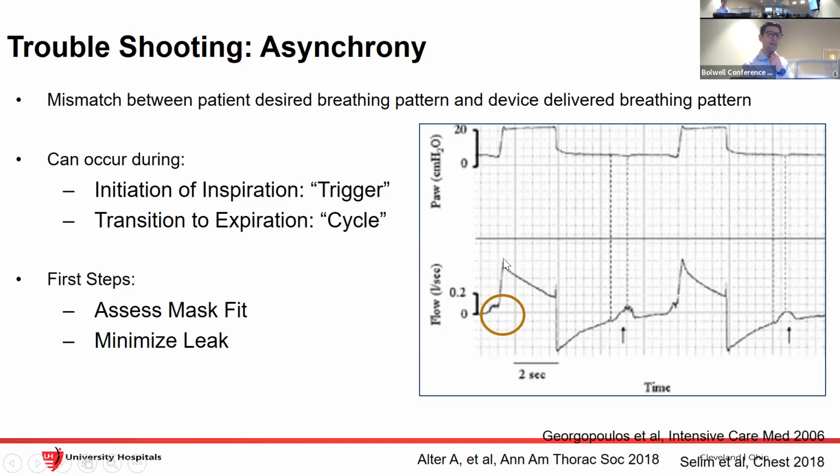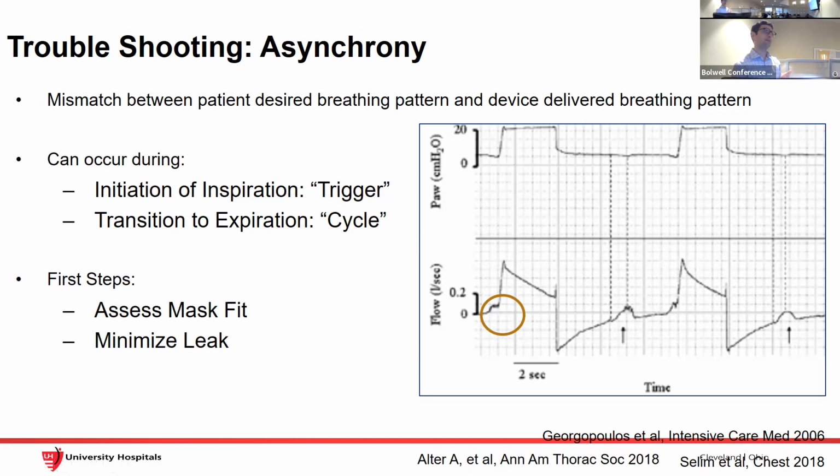So when this flow hits the certain percentage that you set it to drop, that's called the cycle sensitivity. That's when you have it cycle off, so the flow drops and concomitantly the IPAP drops to EPAP, from 20 to 4. And it'll hold it there until the next time it's triggered.